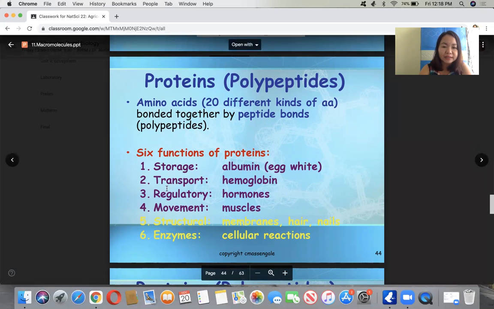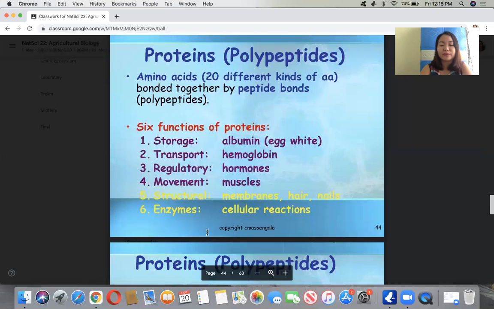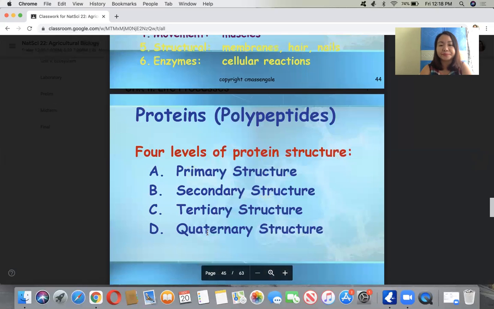So these are the 6 major functions of proteins. Again, storage, transport, regulatory, movement, structural, and enzyme.